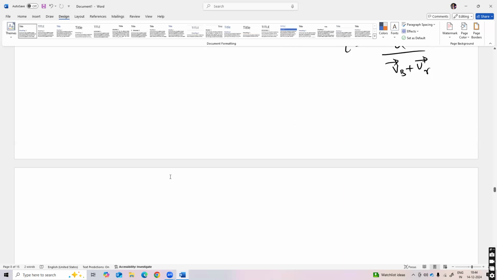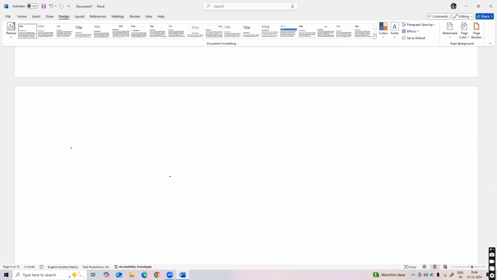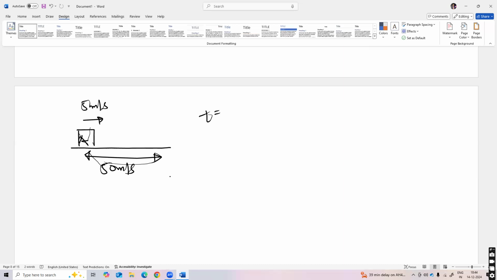It is like, consider you have a road. There is a vehicle A which is moving at 5 meter per second, and you have to cover a distance of 50 meters, from point C to point D. So in this case, the time required will be 50 meter divided by velocity 5.